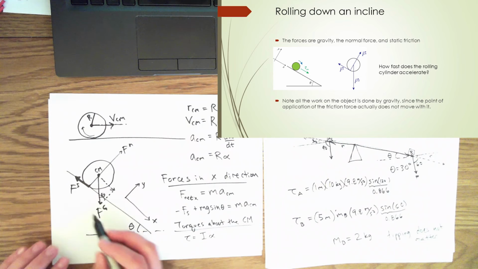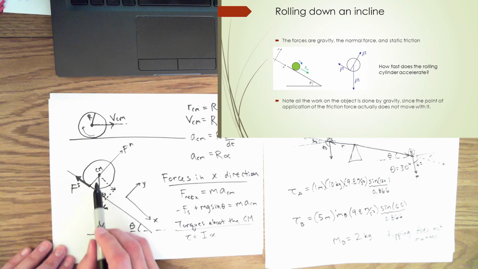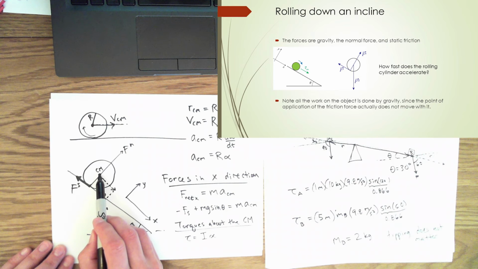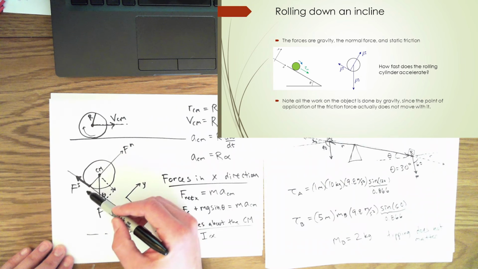Okay, so the torques, remember, gravity you can always consider as acting on the center of mass. So the point at which it's acting is at the center of mass. So there's no torque due to gravity because it's at zero distance from the center of mass. The normal force is acting at this point that's away from the center of mass, but it's pointing directly towards the center of mass.